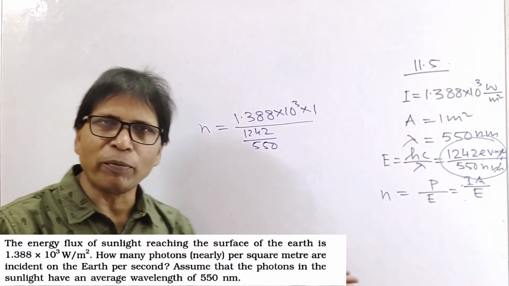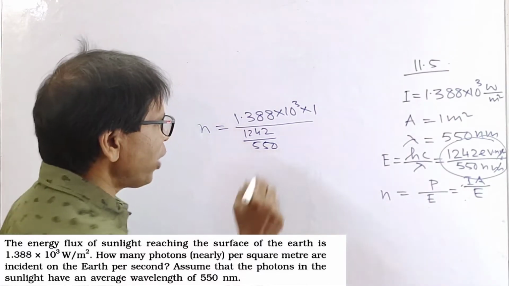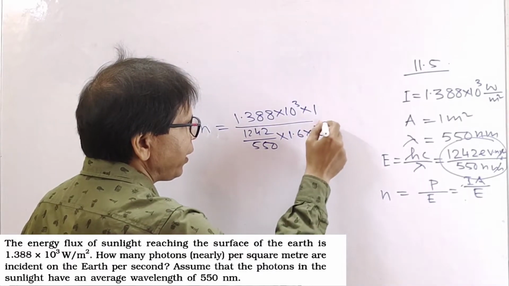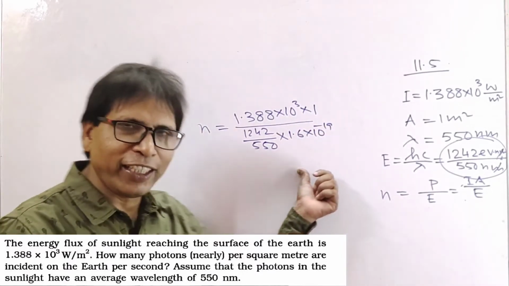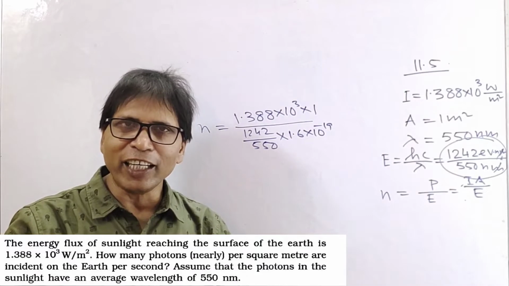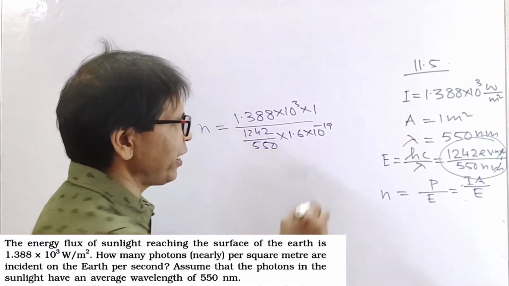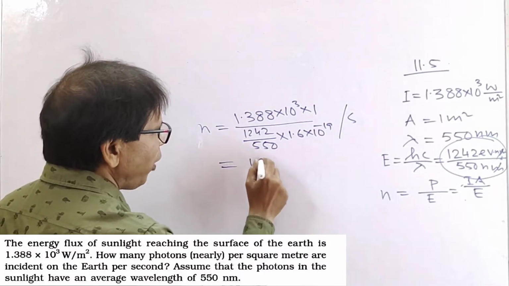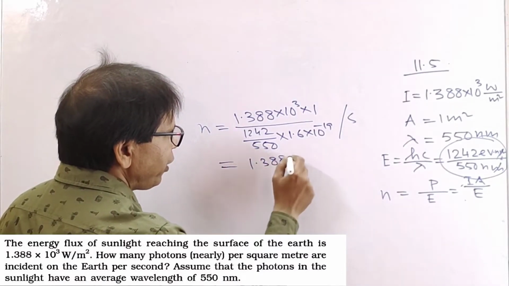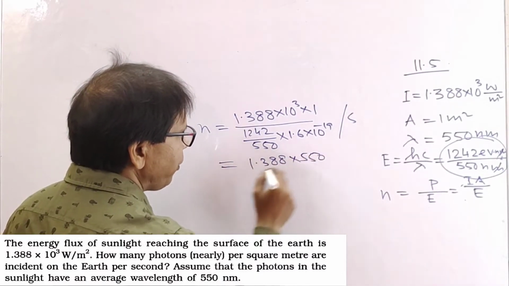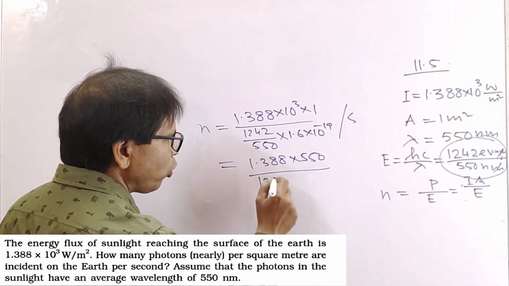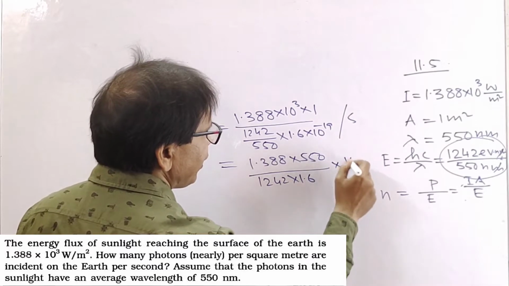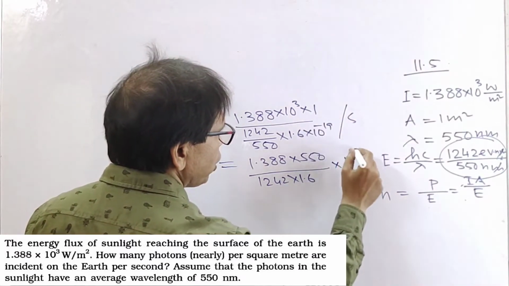Now eV is converted into joule. So here 1.6 into 10 to the power minus 19, and the unit is the rate of incident photons, so this is per second. Okay, now look at this, here 1.388 into 550 divided by 1242 into 1.6, and this is 10 to the power 19 into 22.